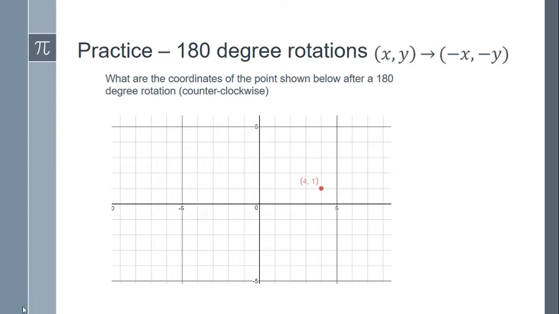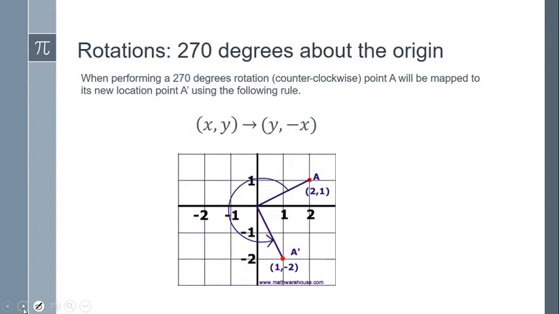I'll talk about that in a second after I finish this last one with these points. We'll get back to some of your discussion questions. But let's do the last type of rotation we're going to talk about, which is a 270-degree rotation. We don't need to discuss rules for a 360-degree rotation because that doesn't change the location of the point. You'd end up back where you started. That's why we only have rules for 90, 180, and 270.